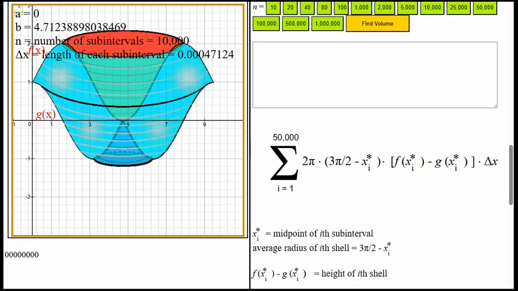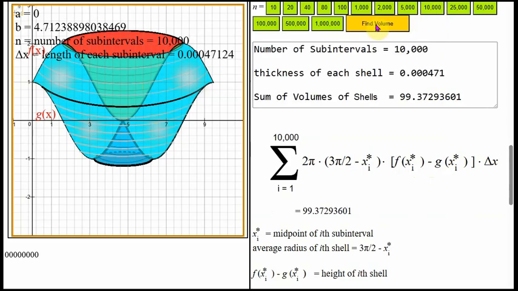Now let's divide the solid into 10,000 shells, and here's the volume. This is going to be 99.3729. And here's the summation notation.